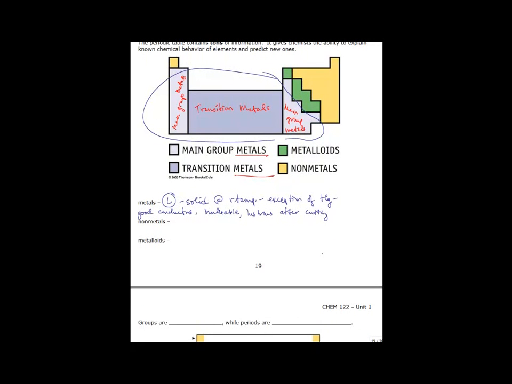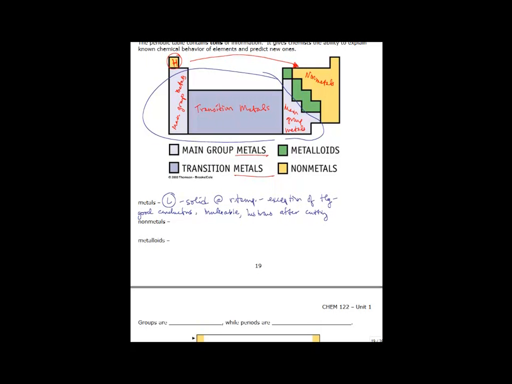Now, the nonmetals are on the right of the periodic table. You notice that this guy over here is really grouped with the nonmetals. And this element here is hydrogen. So hydrogen is not a metal, it is actually a nonmetal.